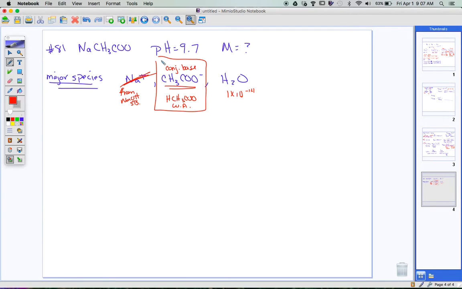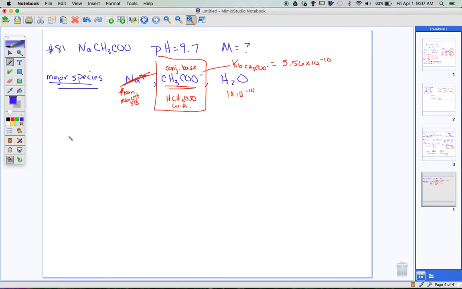And we already know from calculating it before, right? We've already found the Kb of the acetate ion. It was 5.56 times 10 to the negative 10th. We already calculated that on one of the other problems.